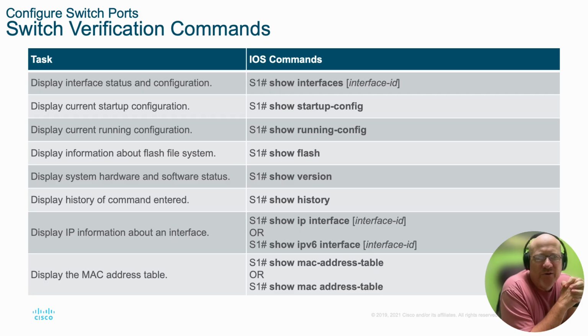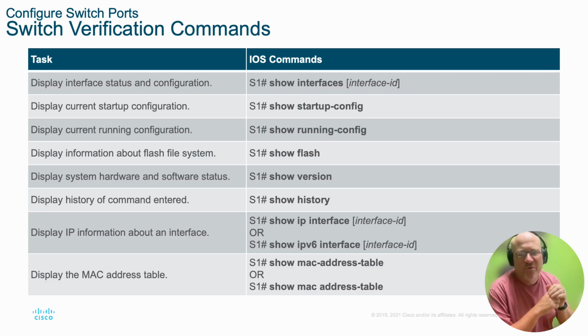There is a range of verification commands, some that we've already talked about, and you can start realizing that some of the Cisco IOS router commands are similar to the Cisco switch commands and vice versa. So show ip interface brief or show interfaces. It's quite useful. You've got the startup, the running config, flash, version, and history, which are all features on the router IOS.